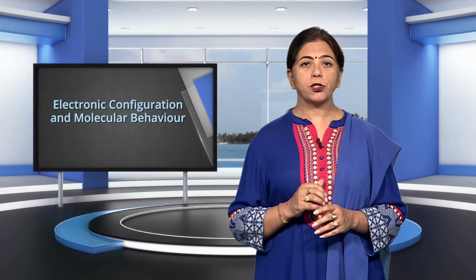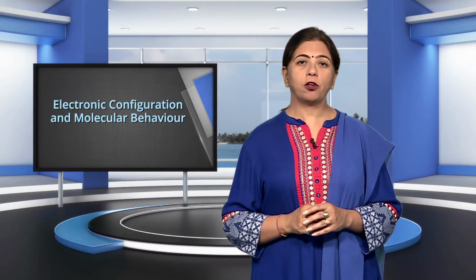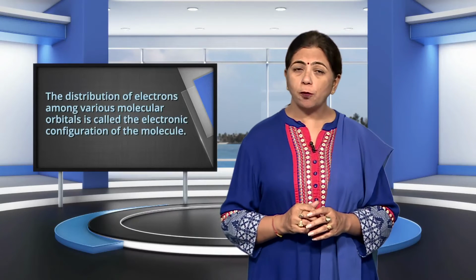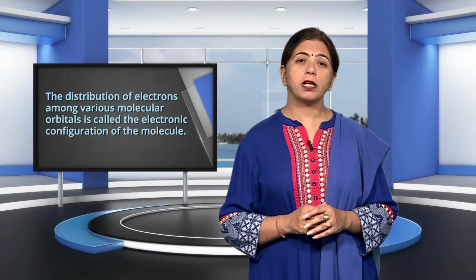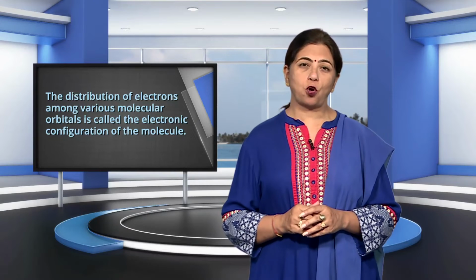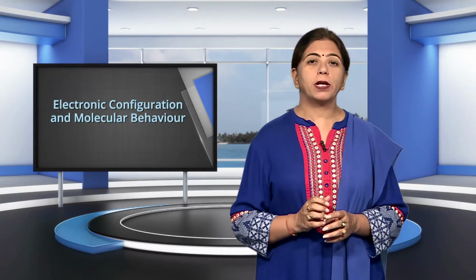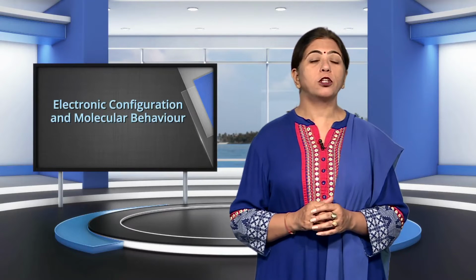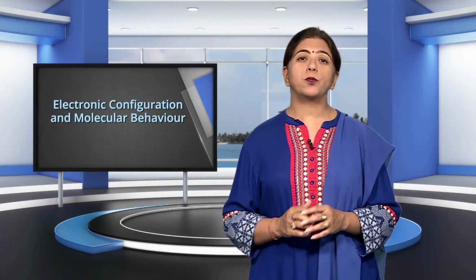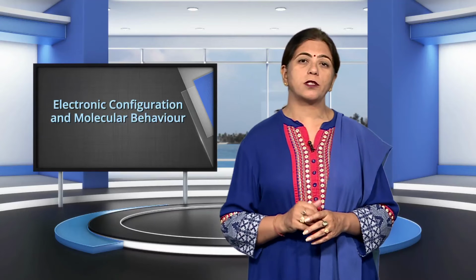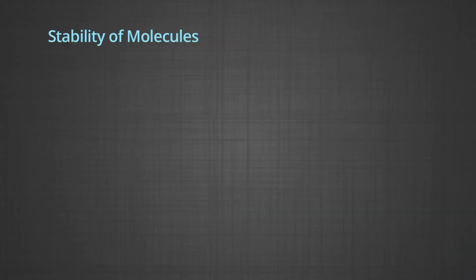Now, a very important topic is the electronic configuration and the molecular behavior. The distribution of electrons among various molecular orbitals is called the electronic configuration of the molecule. From the electronic configuration of the molecule, it is possible to get important information about the molecule as discussed below. Stability of the molecules.